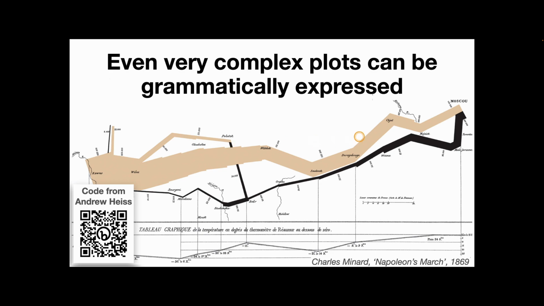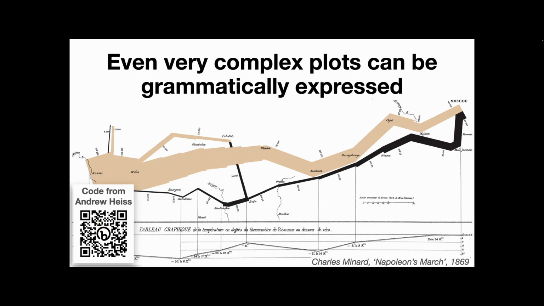And so this graphic that maybe at the start of this module you'd thought would never be able to be reduced to a grammar actually is very easy to reduce to a grammar. And so we'll play around with making this plot or something approximating this plot in R. Andrew Heiss has actually already done that, and so I'm providing a link to his website here in this QR code.